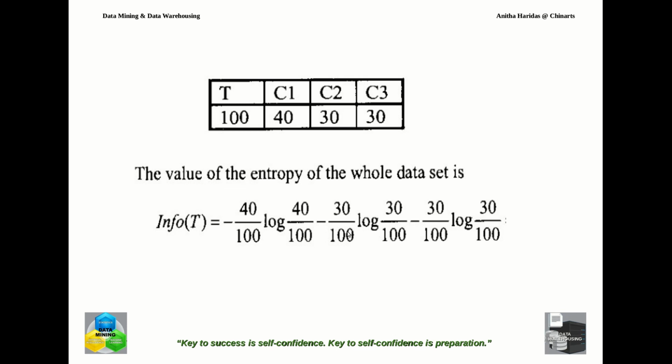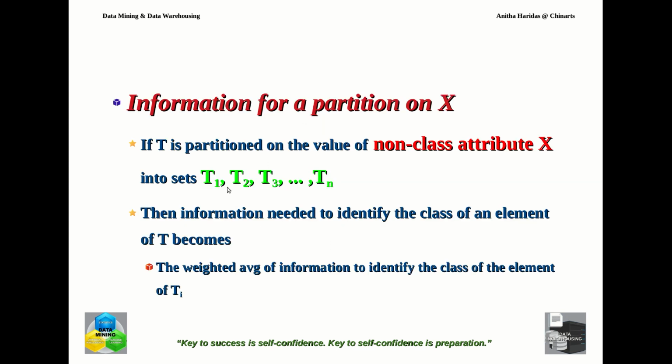Then this is P2, 30 by 100, P2 log P2, 30 by 100 log 30 by 100. So this value is what you call the entropy of P, or we call it the information of T. If you calculate the entropy value like this, then we can also calculate the information for a partition on an attribute X.